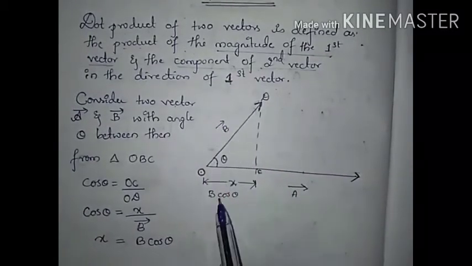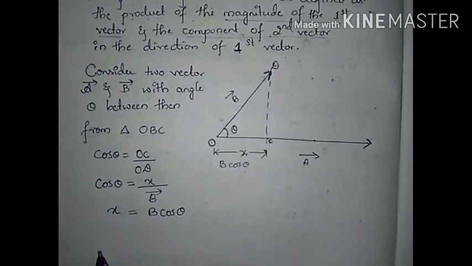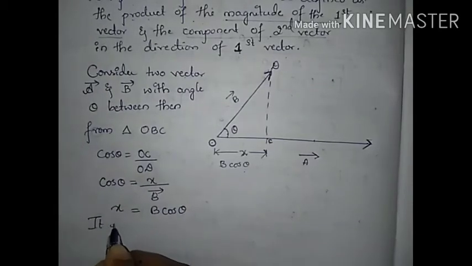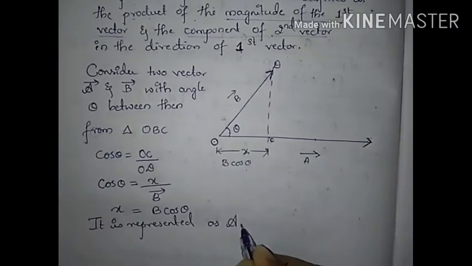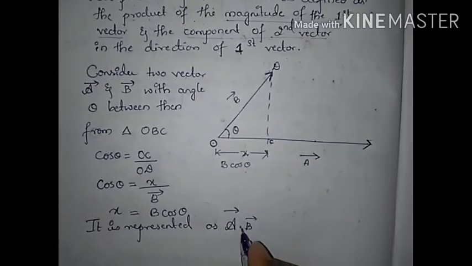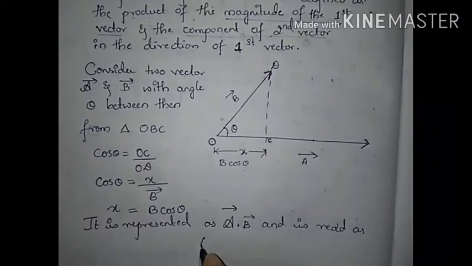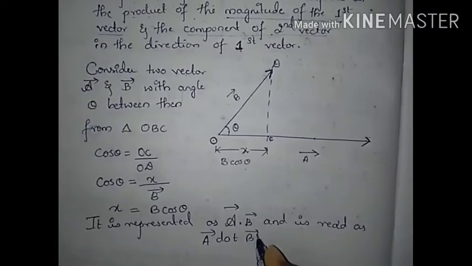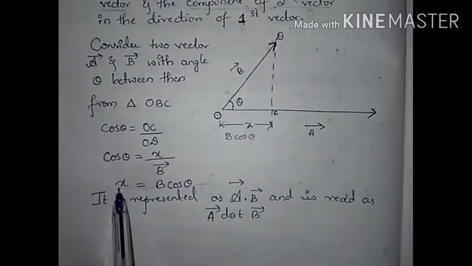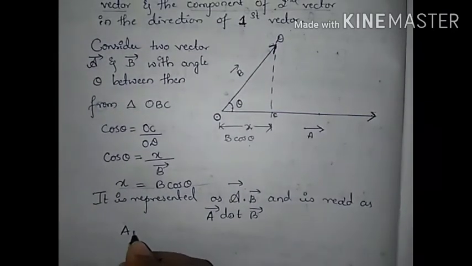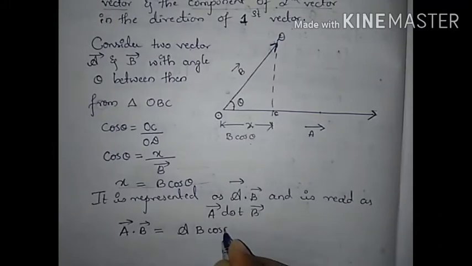So the component of B is B cos theta in the direction of vector A. Now it is represented as A dot B and is read as vector A dot B. So we have found the component of B along the vector A, so A dot B is equal to AB cos theta.